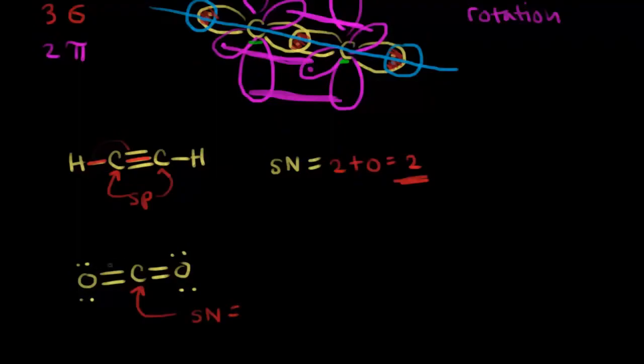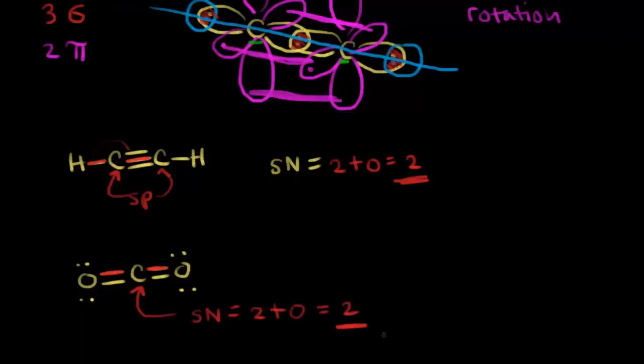So if I focus in on the double bond between one of these oxygens and this carbon, I know that one of these bonds is a sigma bond, from our previous video. So I have one sigma bond here, and then for this other double bond on the right, I know that one of them is a sigma bond. So I have two sigma bonds here and 0 lone pairs of electrons around the carbon. So 2 plus 0 gives me a steric number of 2.